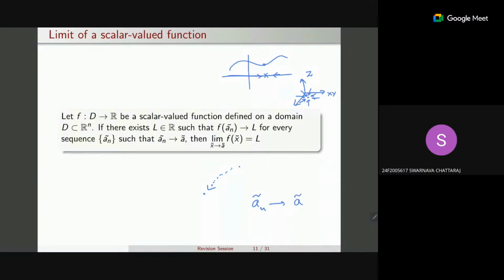Irrespective of what sequence a_n tilde you take which converges to a tilde, you need that f of a_n tilde has to go to a single vector L. If such a thing happens, then L is said to be the limit of f as you approach a tilde.